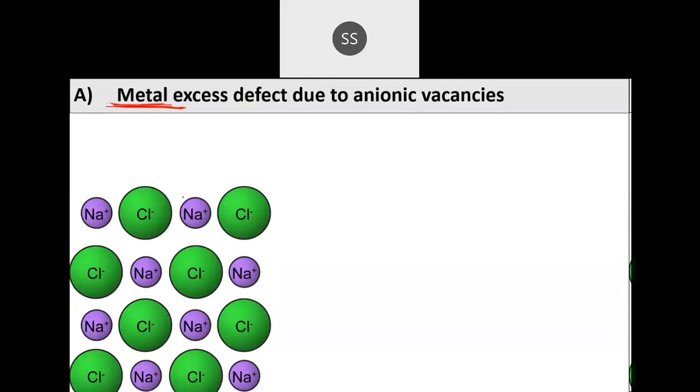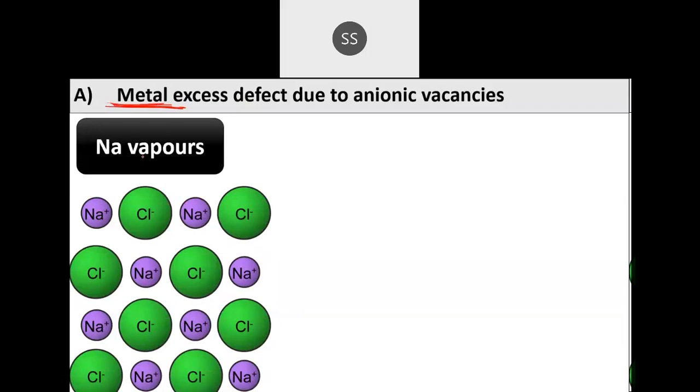When sodium chloride crystals are heated with sodium vapors, meaning pure metal, the metal vapors are passed onto the crystal. The chlorine atom on this side will try to combine with the sodium, because sodium is a metal and the chloride ions are non-metals. But can this Cl minus combine directly with Na?